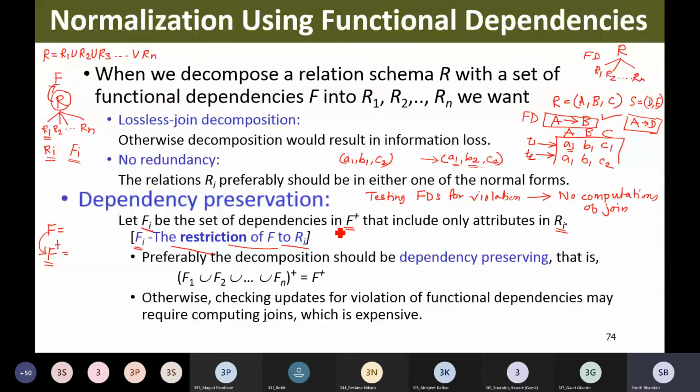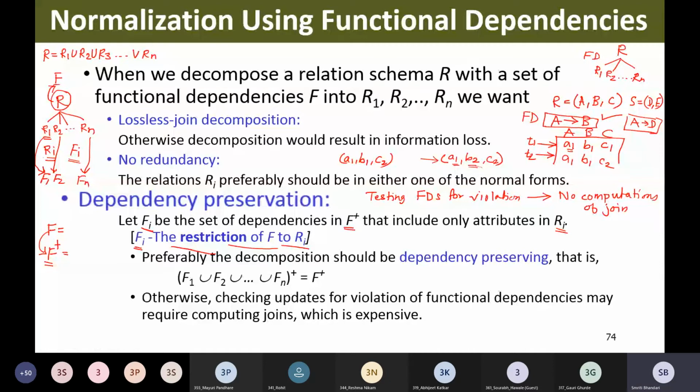Whenever we decompose our original relation R into the set R1, R2 up to Rn, we compute the respective sets of functional dependencies F1, F2 up to Fn. With respect to R1, I have F1. With respect to R2, I have F2. With respect to Rn, I have Fn.